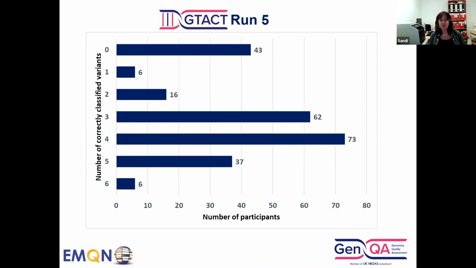However, we are aware that some individuals have logged on and reviewed the process and the information present, but not actually made any submission. So I would expect the majority of these individuals haven't actually submitted any classification, rather than not obtaining a correct classification.